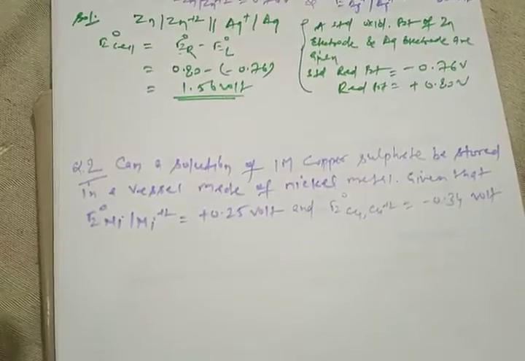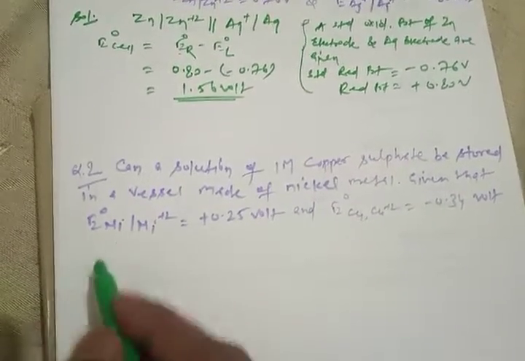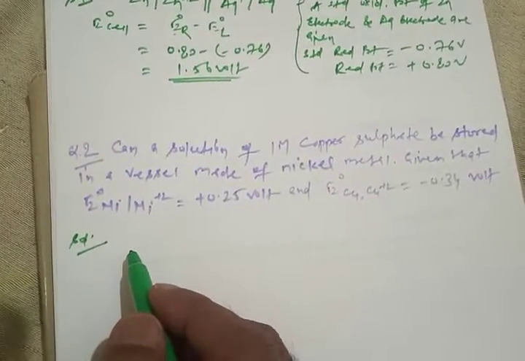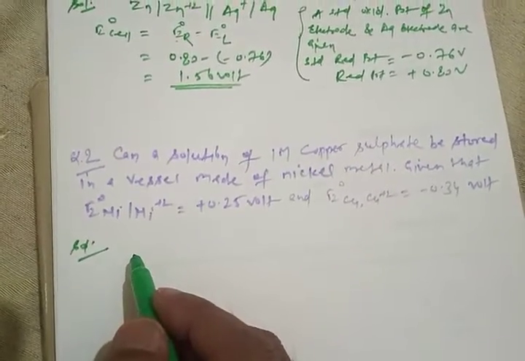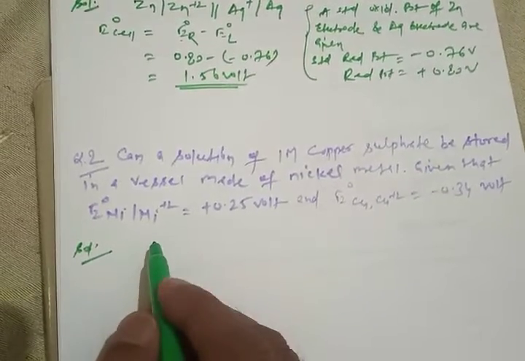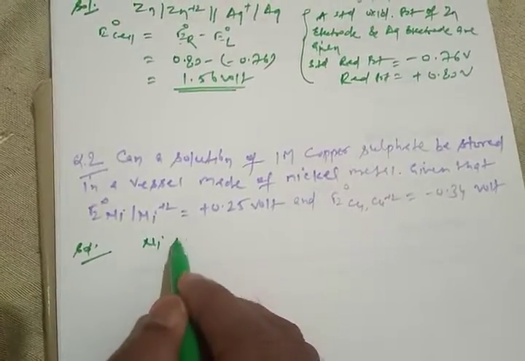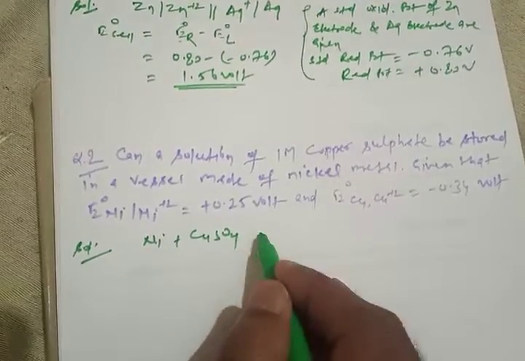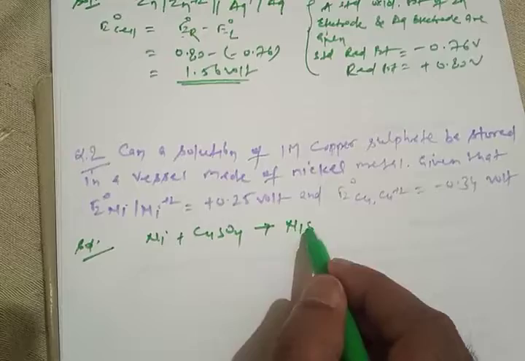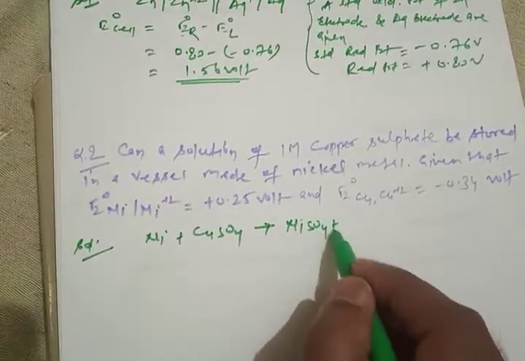So what this question actually says is that we want to see whether the following reaction will take place or not. The reaction is nickel with copper sulfate. This will give nickel sulfate and copper.